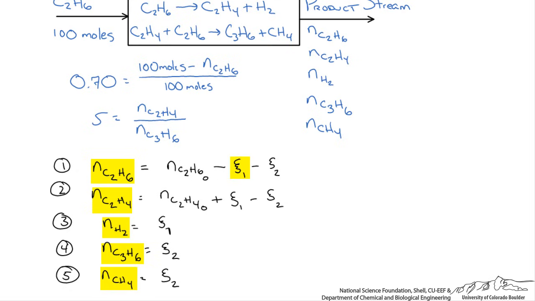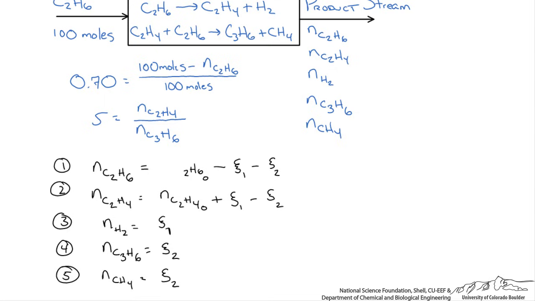And then our extent of reaction for the first reaction and the second reaction are unknown. But we know what is entering our system. That's given in the problem statement. And we know that that's the only thing entering. So we could get rid of this term. So we're down to 7 unknowns, 5 reaction equations, and 2 pieces of information we have above it. So we can move on to solve.